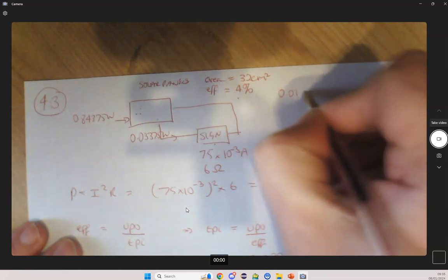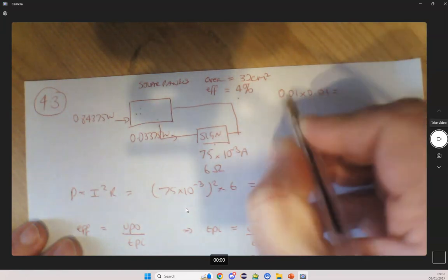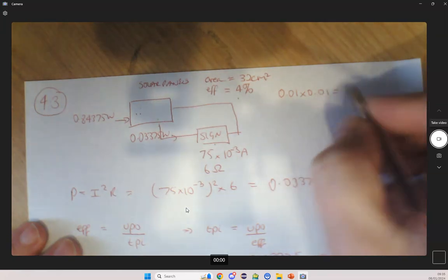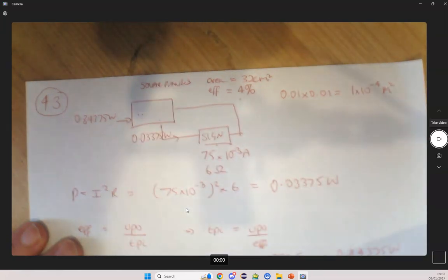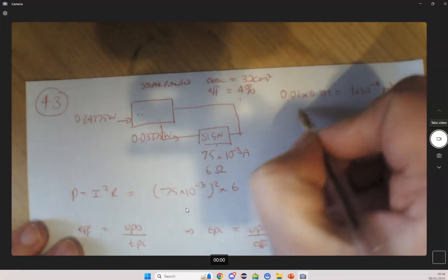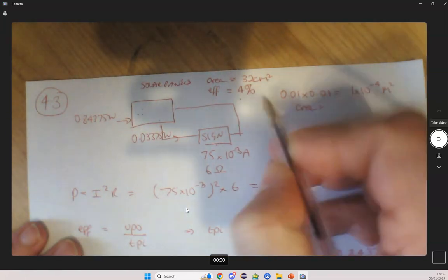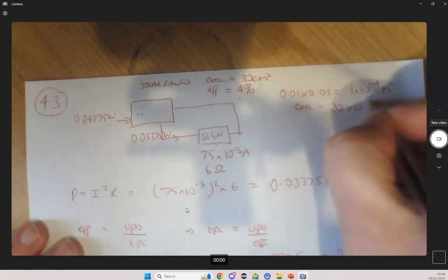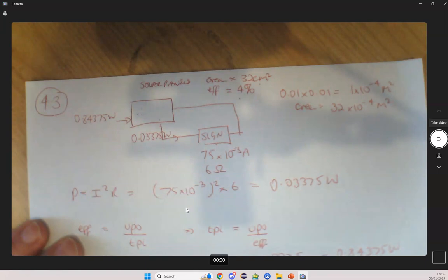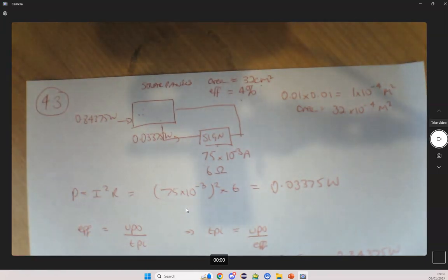So 0.01 times 0.01, so 1 centimeter squared is actually 1 times 10 to the minus 4 meters squared. Therefore, our area is 32 centimeters squared, which is the same as 32 times 10 to the minus 4 meters squared. So I've converted that across to meters squared.